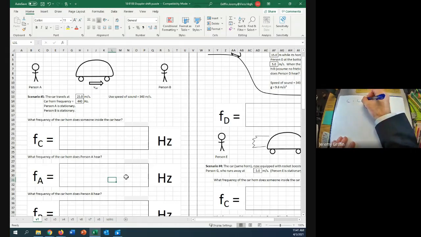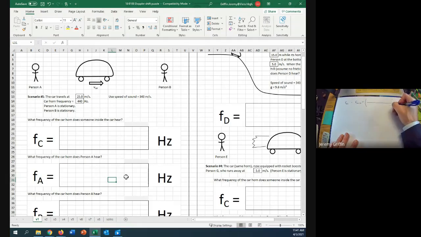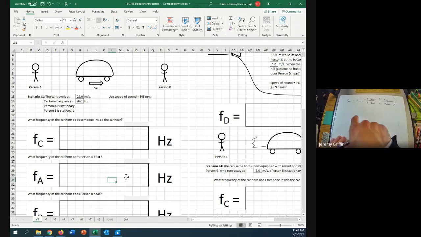But if somebody's in motion, then you have to multiply by this ratio: speed of sound plus or minus the observer speed, divided by speed of sound plus or minus the source speed. In this case, the car horn is the source of the sound. Now this would all be in one dimension, so if you're out by the sidewalk, it's approximately the road. So let's start with the 440 hertz.